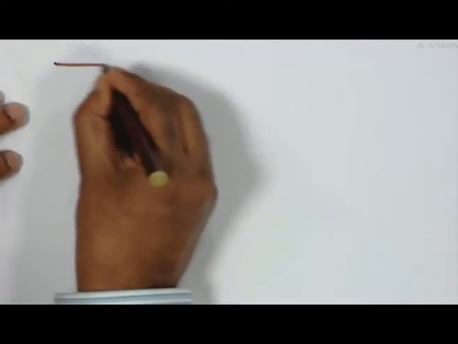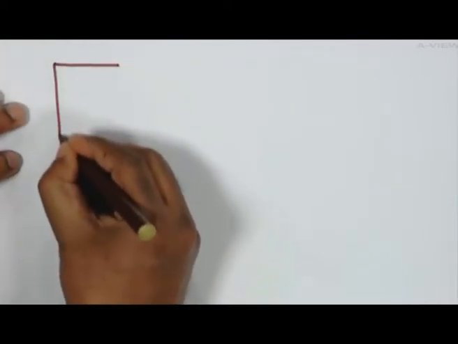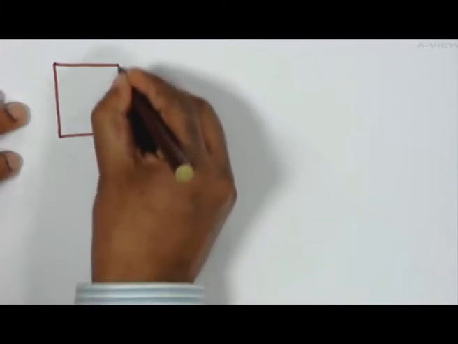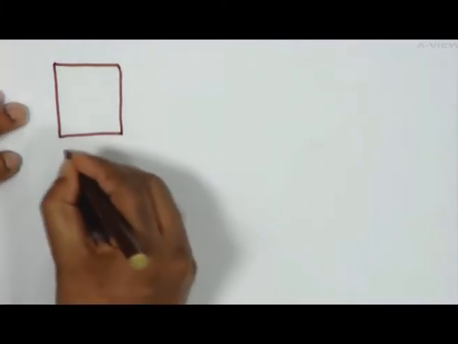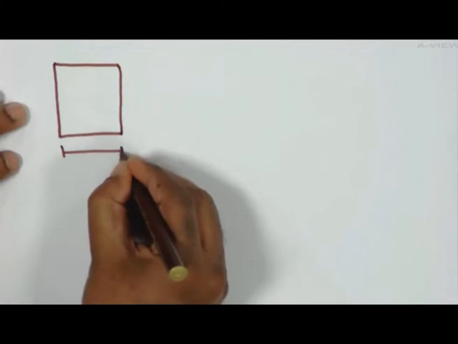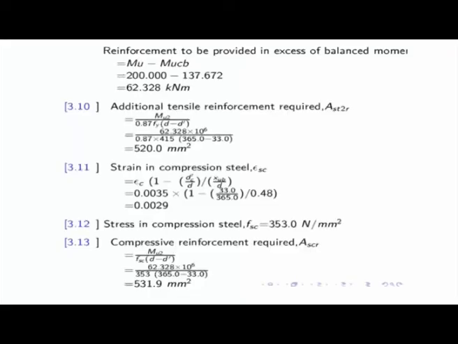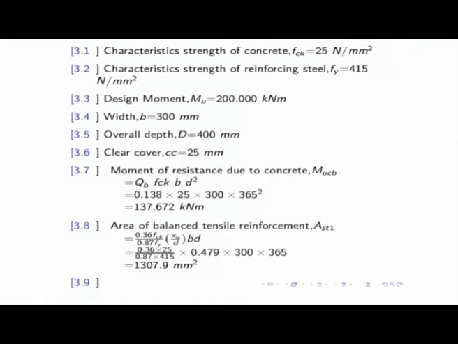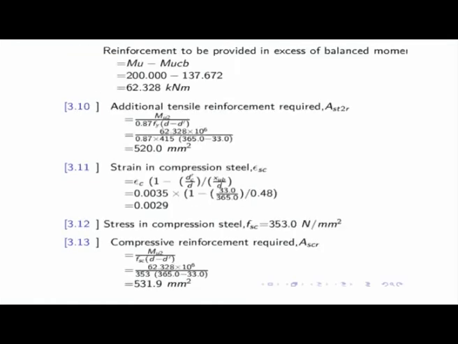So, coming to this one here, just to give you an idea, let us come to this particular one here. So, we are providing this one here. How much have we given? The 300 that I have given.